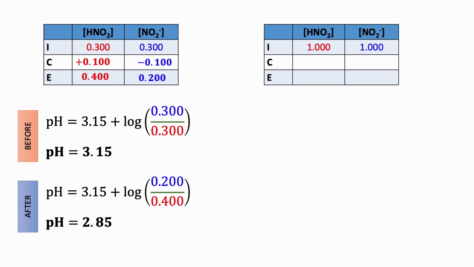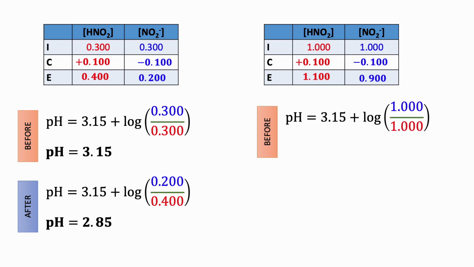Okay, so again, we're going to add the same amount of acid and calculate our equilibrium numbers of moles, and let's look at the numbers. So before we add the acid, our pH is 3.15 plus the log of 1 over 1, and that ends up being pH 3.15 again. Because when you have equal numbers of acid and conjugate base, your pH is always the pKa.